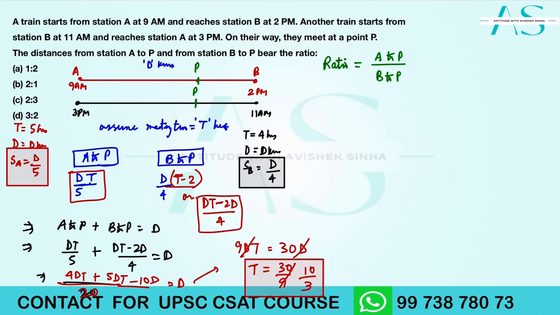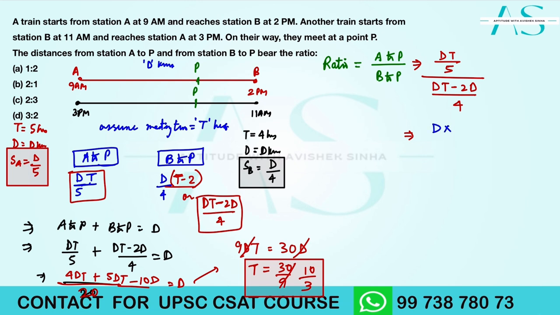Now I'll use the same expression here. What is A to P? A to P is dt by 5. And what is B to P? B to P is (dt minus 2d) by 4. So we will put the value of t as 10 by 3.